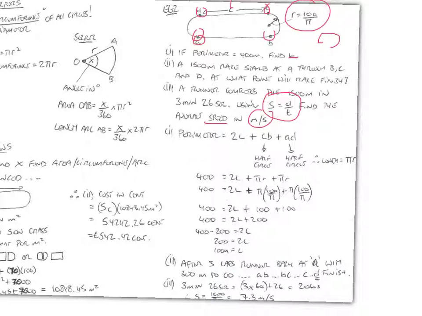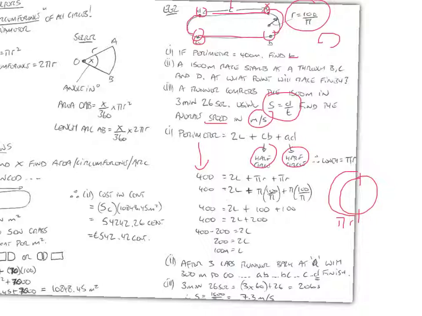So they're telling us that the perimeter is 400, and we know by the shape that the perimeter must be 2 times L. It's this L and this L, plus this length CB, which is the length of an arc, and this length AD. We can see that CB and AD are half circles, and therefore the circumference of a full circle is 2 pi r, so the circumference of a half circle must be half that, and must just be pi r.